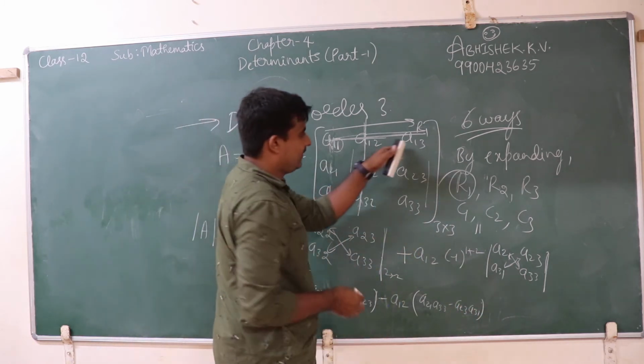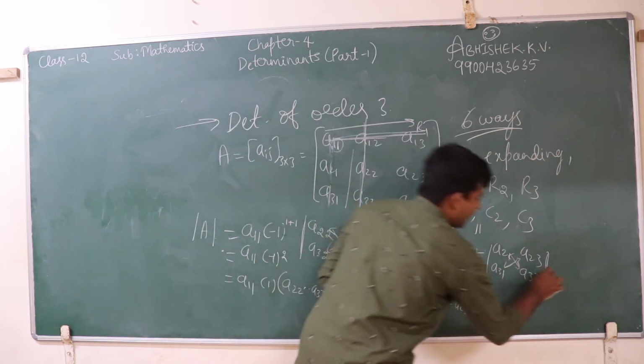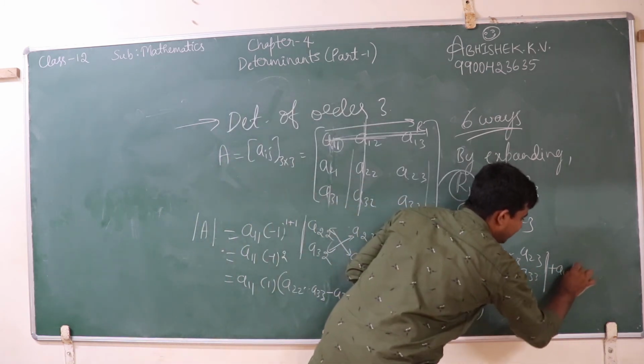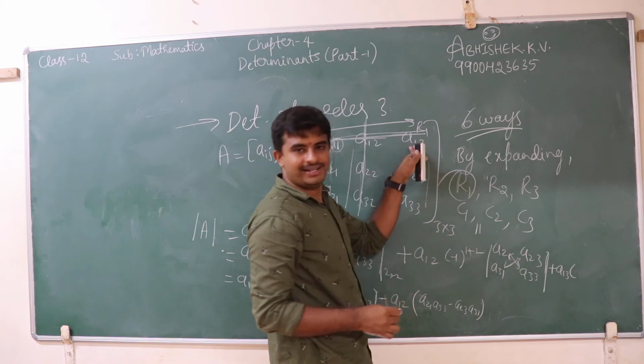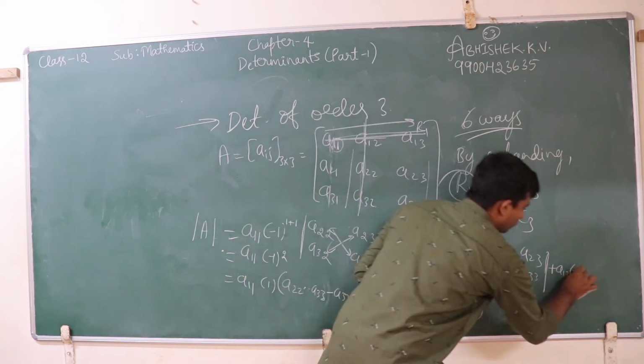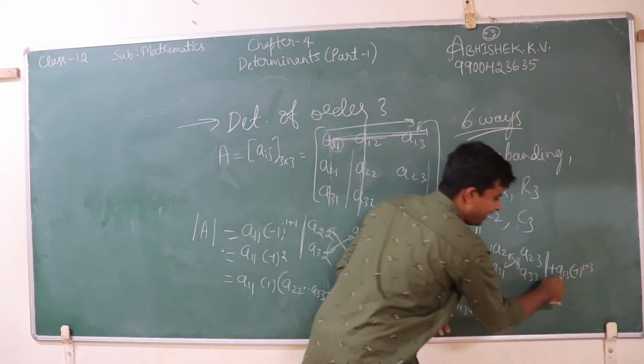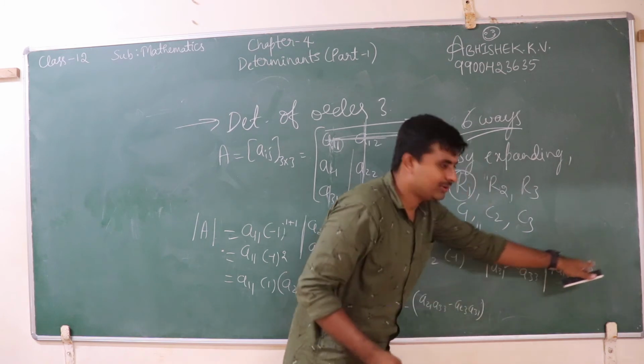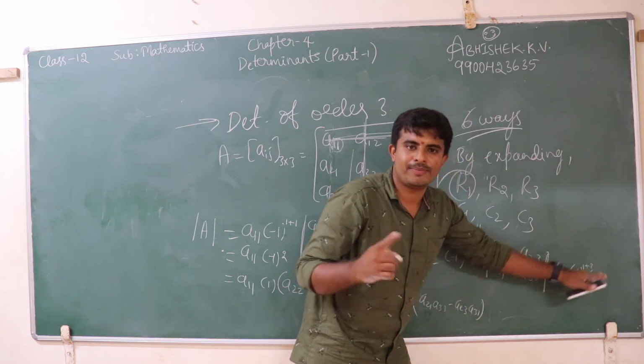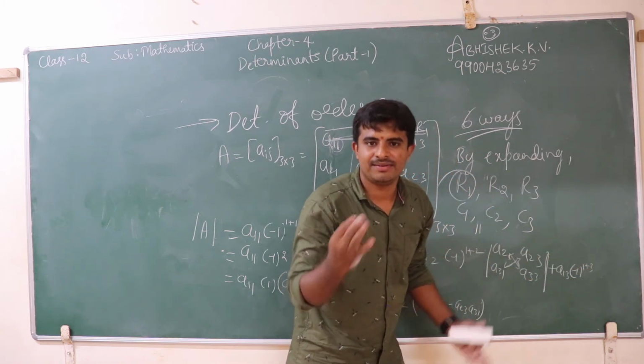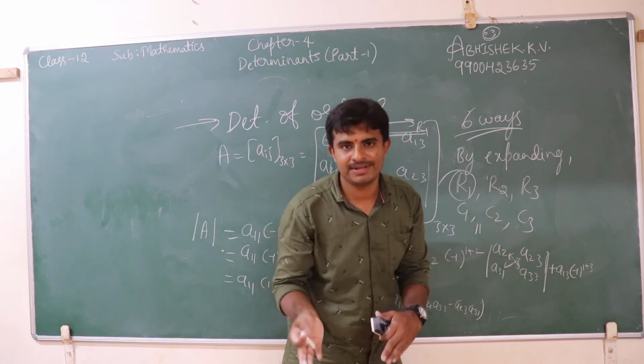Then the last element in R1, plus A13 into minus 1 to the power of 1 plus 3, the addition of the suffix. Minus 1 to the power of 4 is plus 1, since minus 1 to the power of an even number is plus 1.